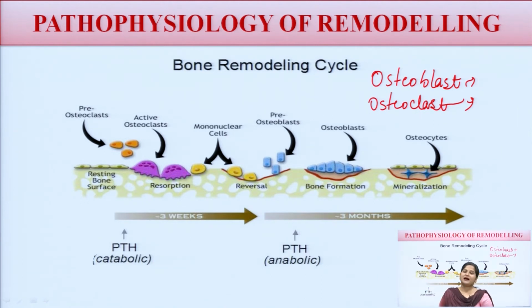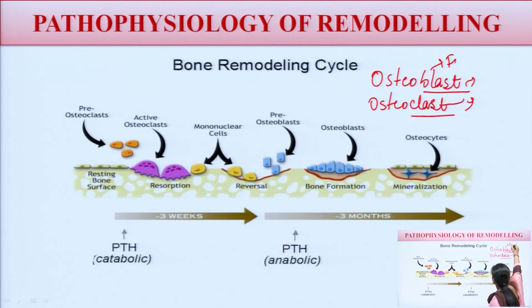You may think that blast means break down, but here it is different. Blast means formation, and clast means breakdown. So osteoblast means formation and osteoclast means breakdown.